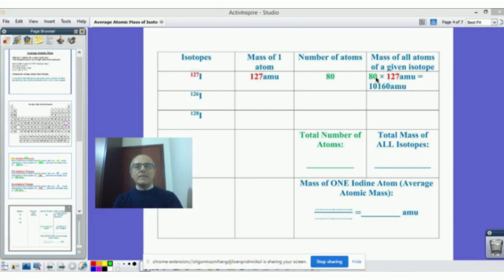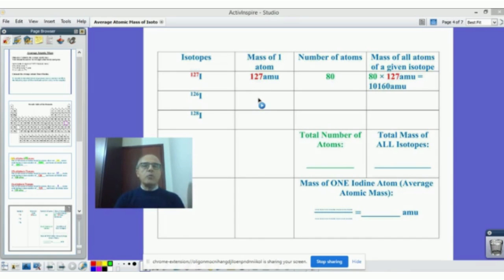So 80 times 127 will give me the mass of all the 80 atoms having a mass number of 127. So it will be 10,160 AMU. The student must follow this example in order to do the same for the other isotopes.